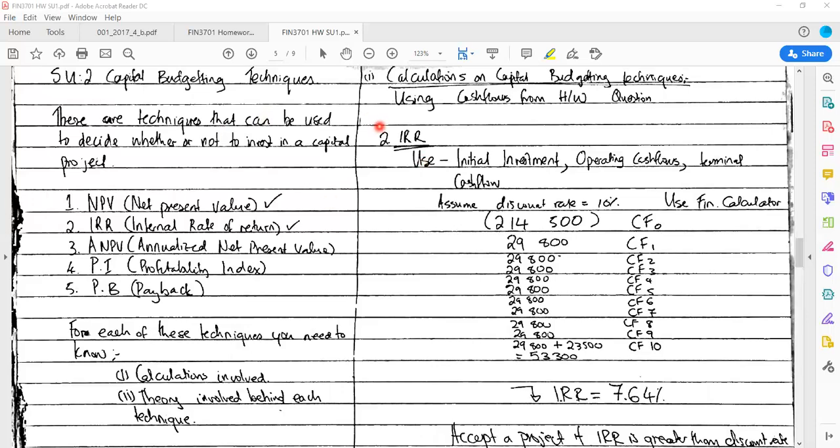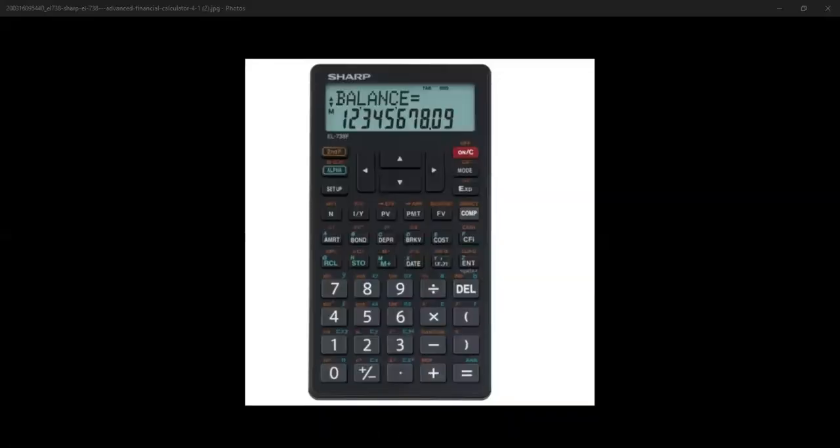So with this calculator, let me put it up on the screen. You would start by entering your initial investment, which is 214,500. Then you press plus minus to make it a negative and press enter. Then 29,800, right? And you put that in. 29,800 enter.